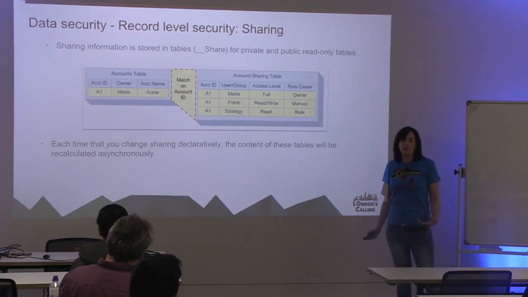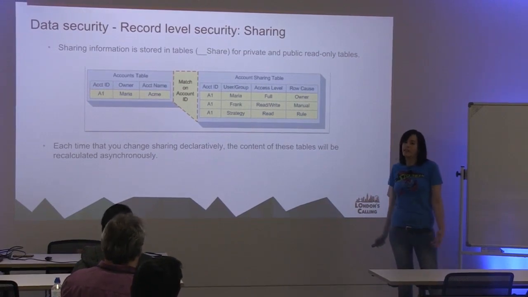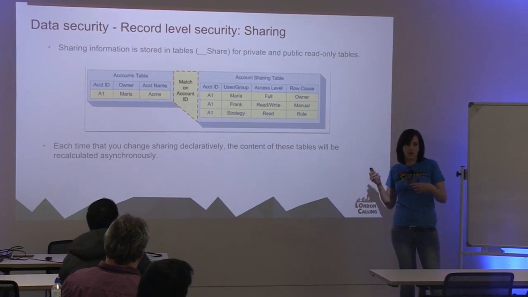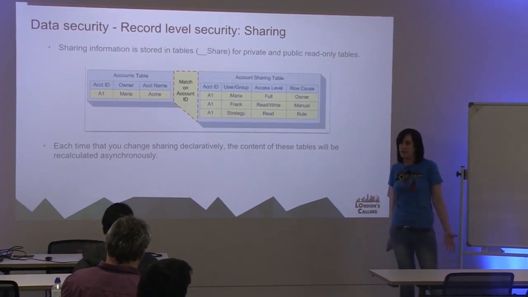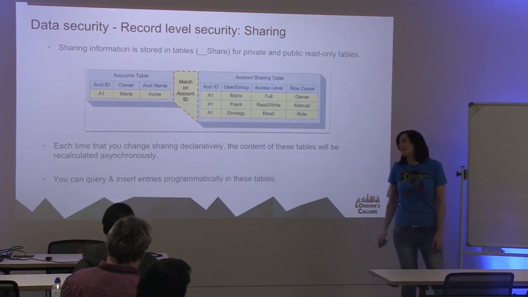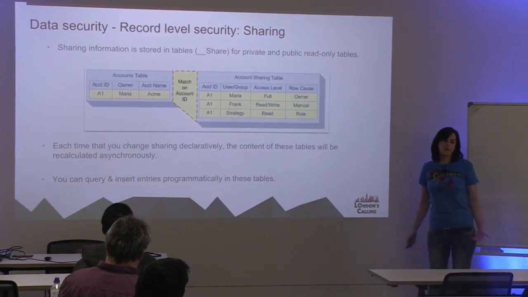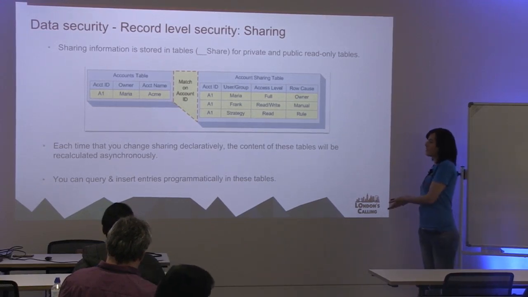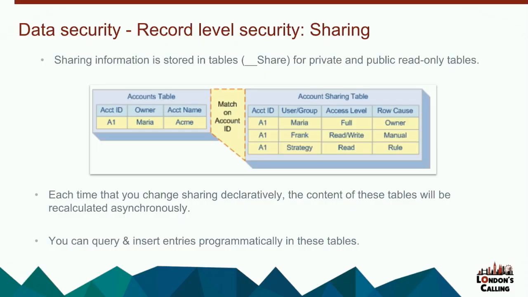Each time that you change sharing declaratively, the content of these tables is going to be recalculated asynchronously, so it's always going to be up to date. And the good news is that you can query and insert entries programmatically in these tables to share records with someone else. This is known as Apex Managed Sharing.